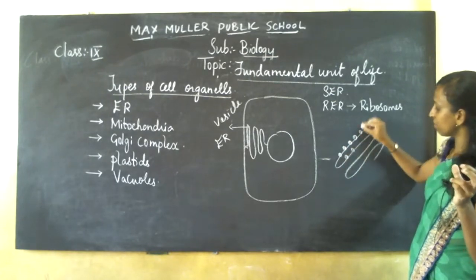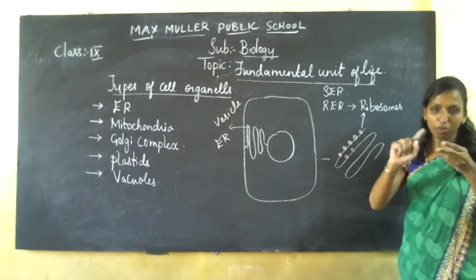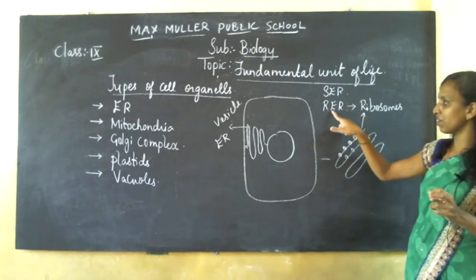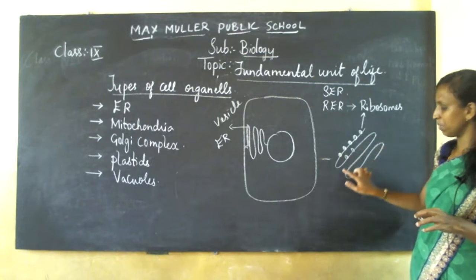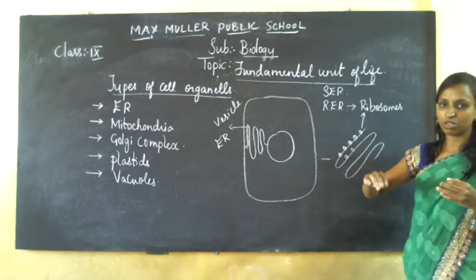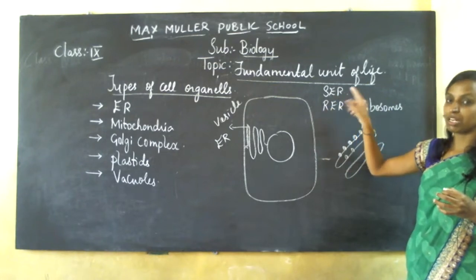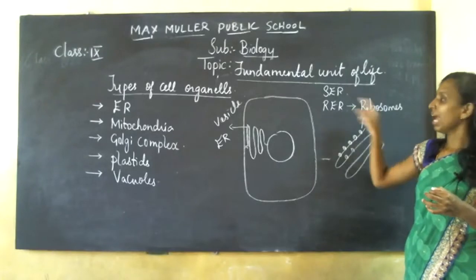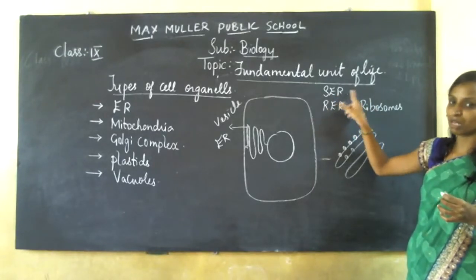That rough surface is brought about by the ribosomes themselves. So that is the rough endoplasmic reticulum. If they are completely plain, with no rough surface, they are considered smooth endoplasmic reticulum. Rough endoplasmic reticulum has ribosomes on it, and where ribosomes are absent, it is considered smooth endoplasmic reticulum.